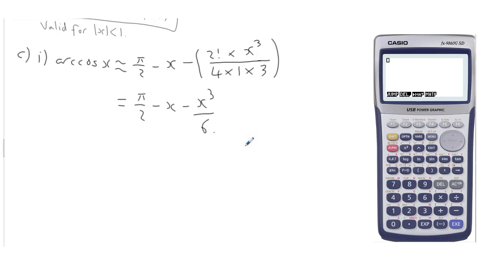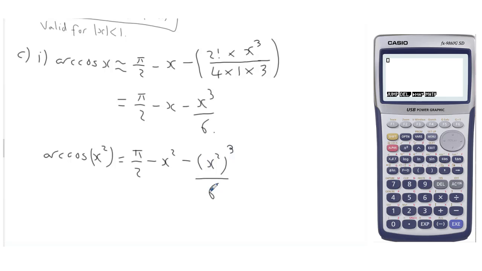wherever we see an x, we need to write brackets x squared. So arc cos x squared is going to be pi by 2. Well, we don't really need a bracket for the next one, so it's minus x squared. And then we've got minus x squared cubed over 6.